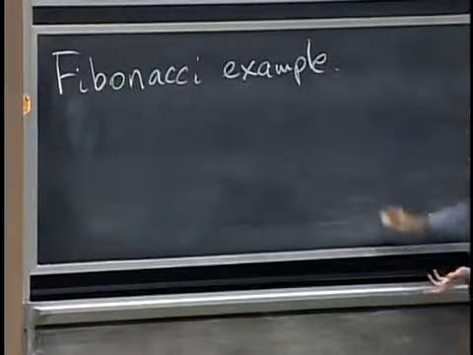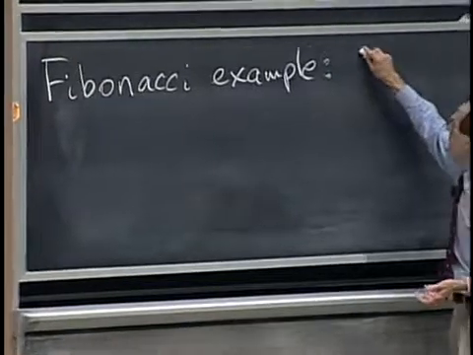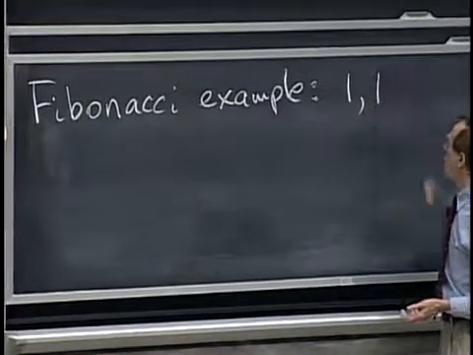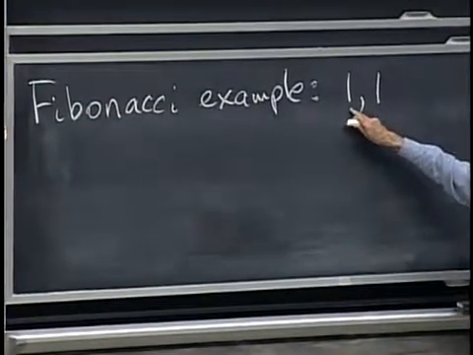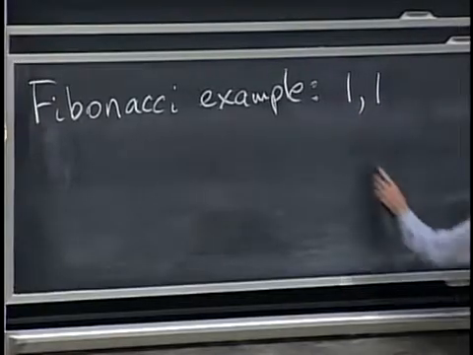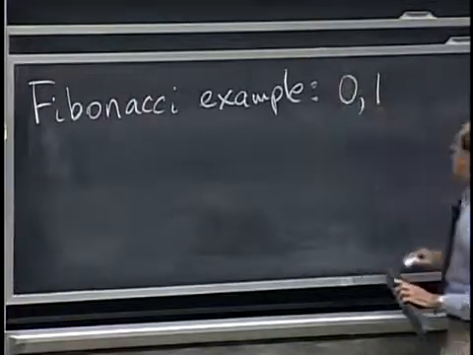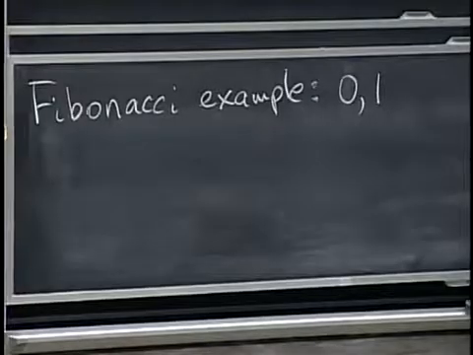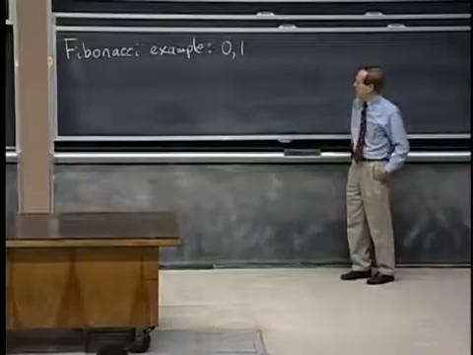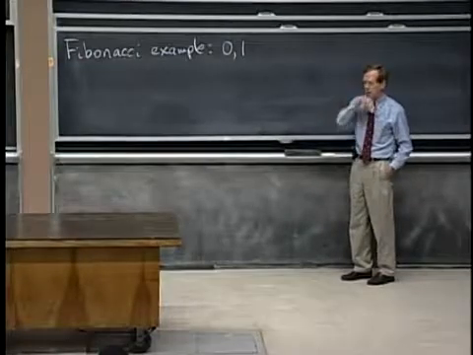You remember the Fibonacci numbers? If we start with 1 and 1 as F naught, I think I start with 0 maybe. Let 0 and 1 be the first ones. So there's F0 and F1, the first two Fibonacci numbers. Then what's the rule for Fibonacci numbers?